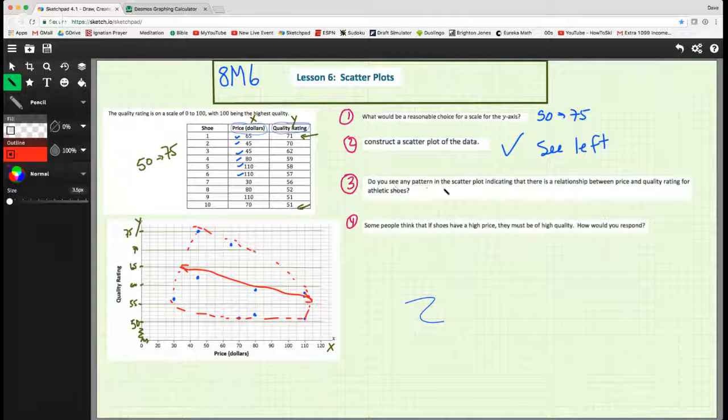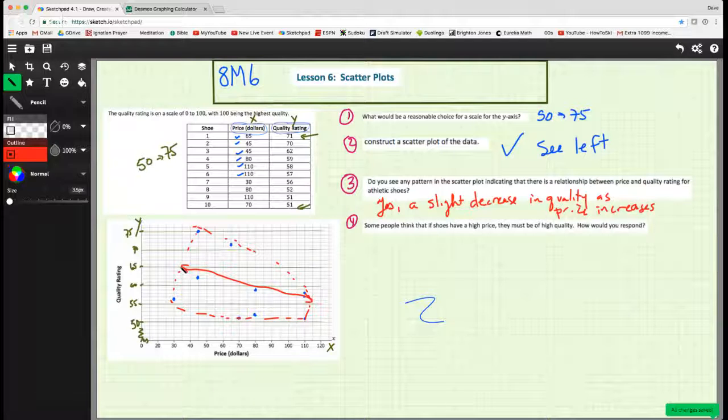So what do I see? Do I see any pattern? I would say yes, a slight decrease in quality as price increases. Right?